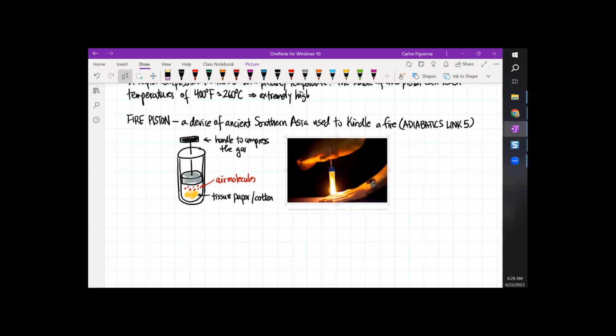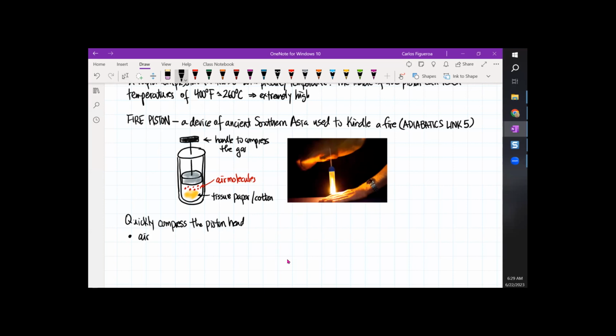So let's explain this process here. If you quickly compress the piston head, of course, this is adiabatic, so that means no heat leaves the system. You have a series of steps here.